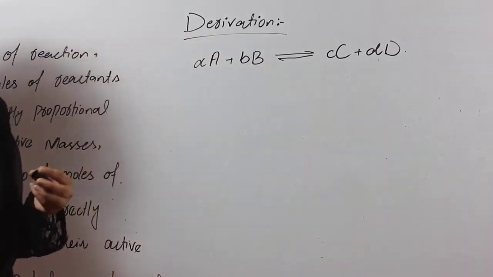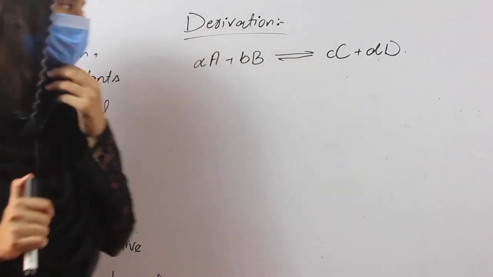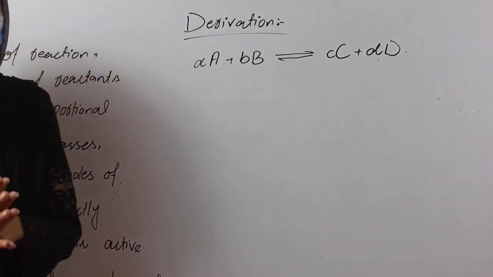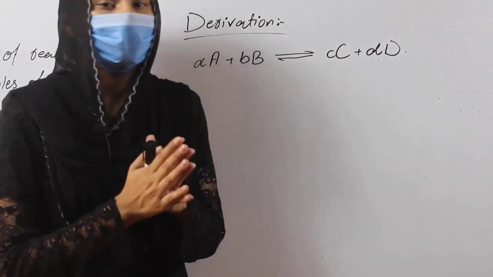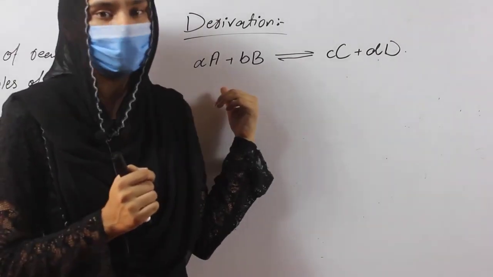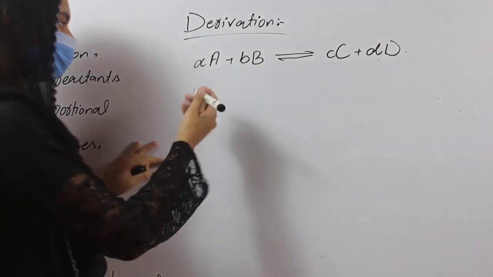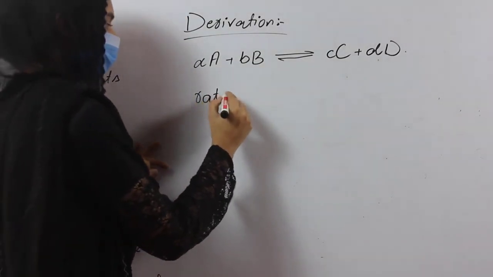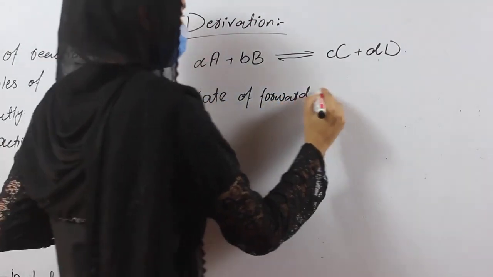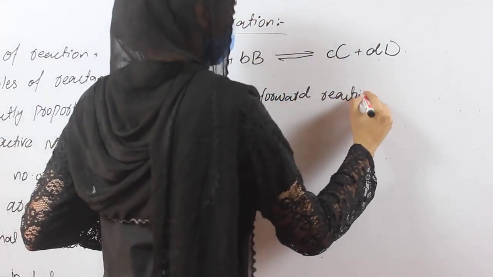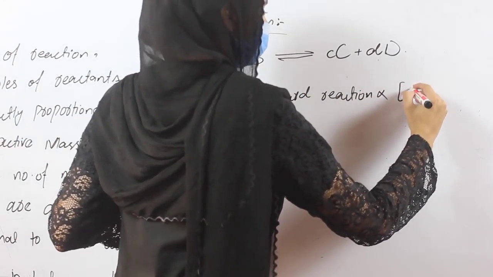Now we apply the general expression, the law of mass action, on this equation. If you remember, in the law of mass action the forward reaction occurs first, so we deal first with the forward reaction, that is, we calculate the rate of the forward reaction. The rate of the forward reaction is directly proportional to the active masses of the reactants.